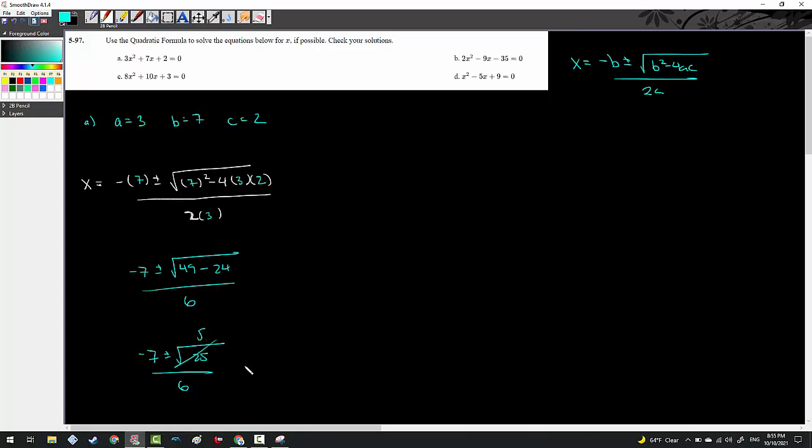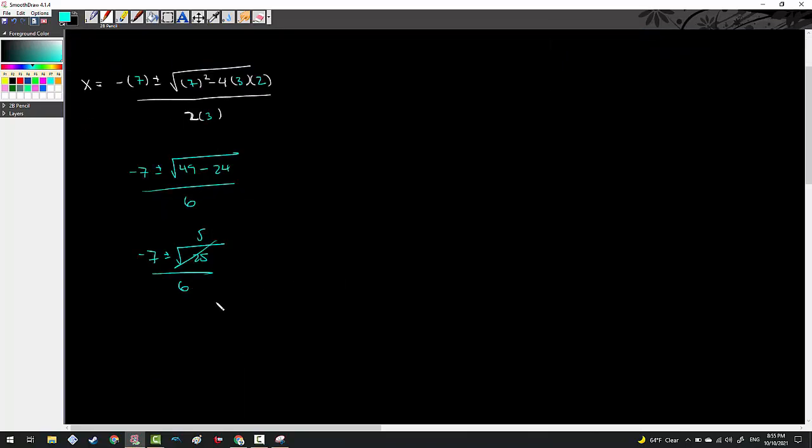So what I have now is negative 7 plus or minus 5 all divided by 6. Now, I'm going to break those apart and go negative 7 plus 5 over 6 and negative 7 minus 5 over 6. So that's going to be negative 2 over 6, which is negative 1/3. And this is going to be negative 12 over 6, which is negative 2.